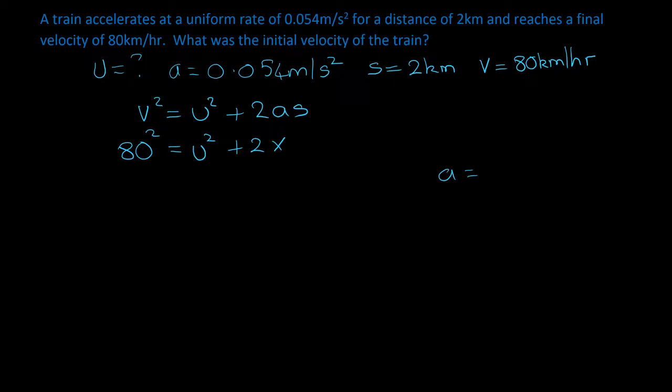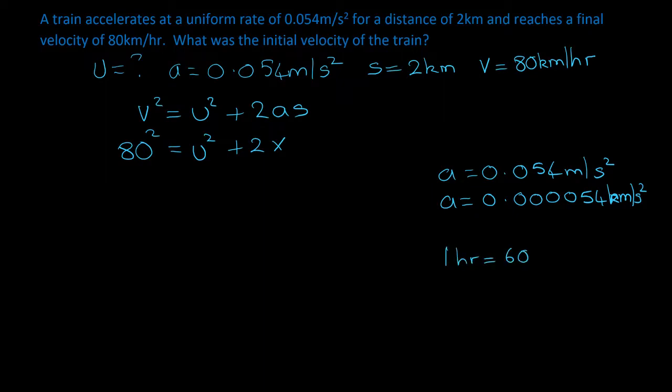So a equals 0.054 meters per second squared. 1,000 meters in a kilometer, so a will equal 0.00054 kilometers per second squared, so we needed to divide by that. Okay, so 1 hour has 60 minutes and each minute has 60 seconds, so 1 hour is 3,600 seconds.